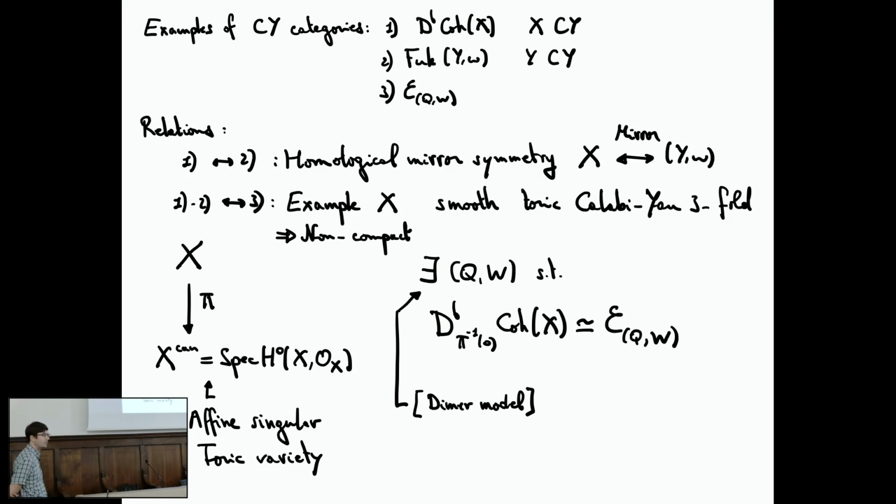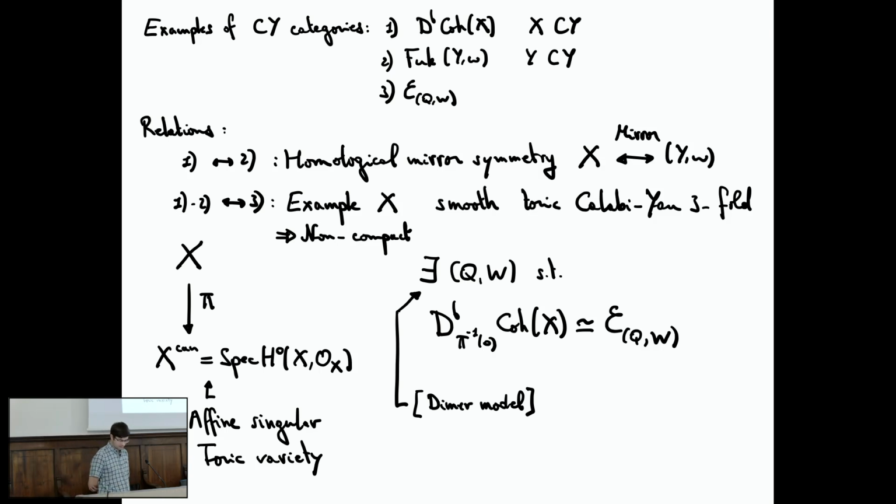There are some non-obvious relations between these examples. Sometimes you might care about some category which appears in two different ways amongst the examples. For example, mirror symmetry will relate the first two classes. If X is a Calabi-Yau algebraic variety, and it's mirror to a symplectic manifold Y, then it's essentially a statement of homological mirror symmetry that these two Calabi-Yau categories should be equivalent.